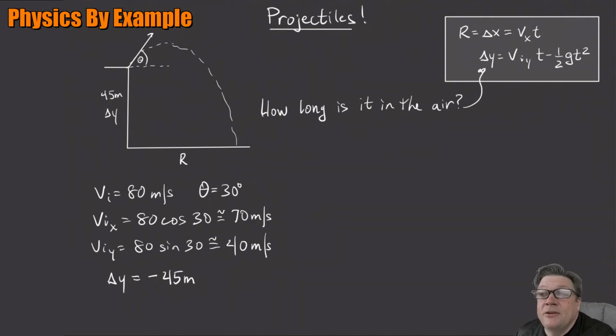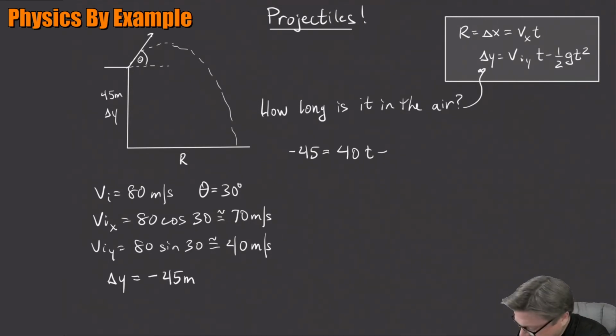All right, so now we know everything we need to know to solve the problem. So let's figure out how long it's in the air. So I've got minus 45 is equal to Viy, 40 times t, minus half g t squared, which is 5t squared. Okay, that's a quadratic.